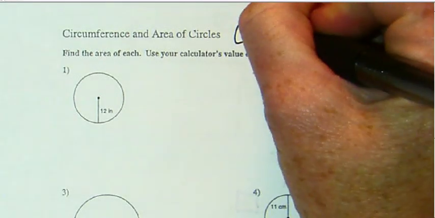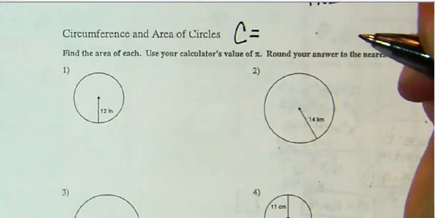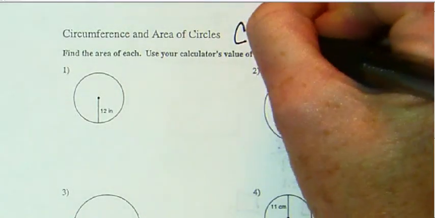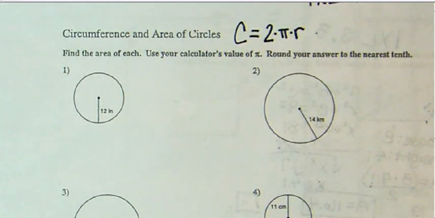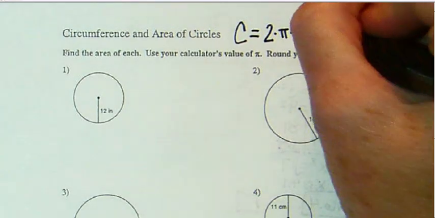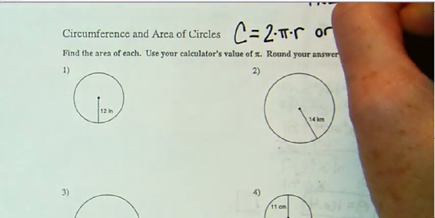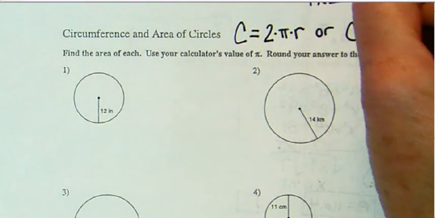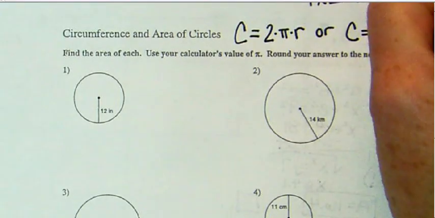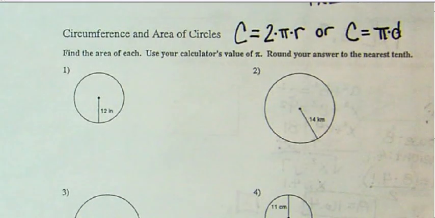In order to find circumference, you're going to use the formula 2 times pi times r. Or sometimes you're given your diameter, which your circumference formula would just be circumference equals pi times your diameter.